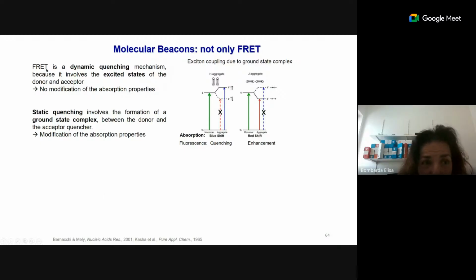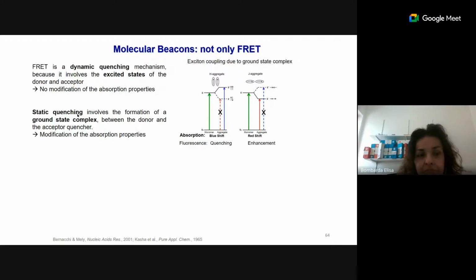The real FRET is a dynamic quenching mechanism because it involves the excited state of the donor and the acceptor, and they don't imply any modification of the absorption properties. Instead, static quenching, as we talked yesterday, involves the formation of a ground state complex between the donor and the acceptor quencher.